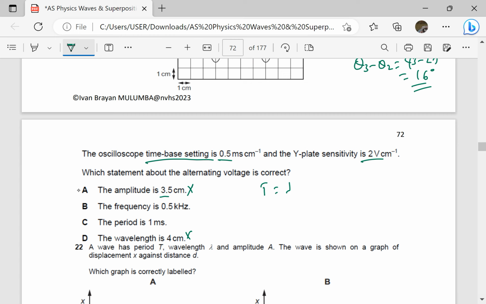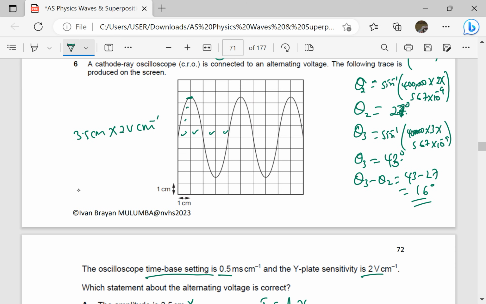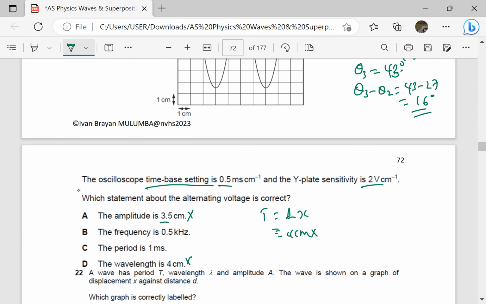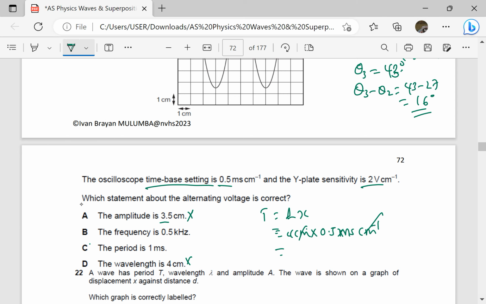The length representing one cycle is 1, 2, 3, 4 centimeters, times the time base setting, which is 0.5 milliseconds per centimeter. So per centimeter is cancelled, and 4 times 0.5 is 2. So it's not 1 millisecond. So probably the answer is going to be B.